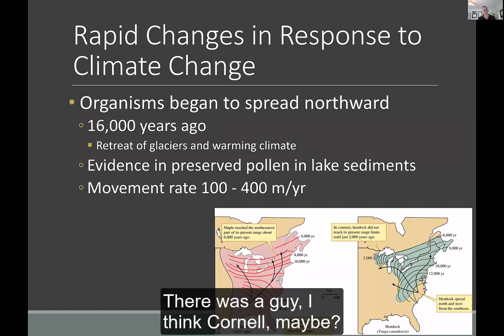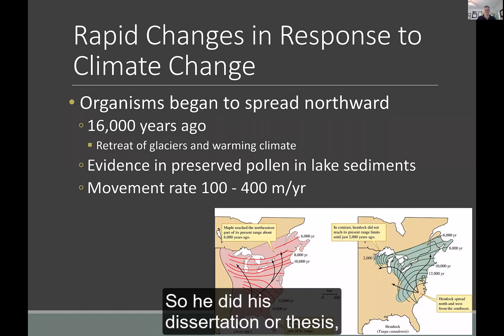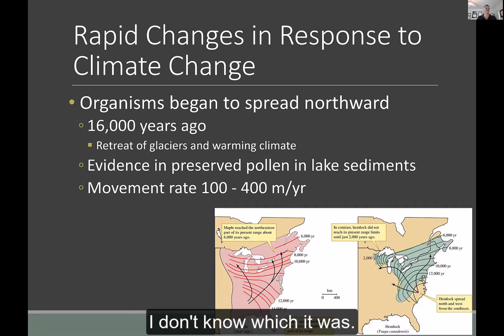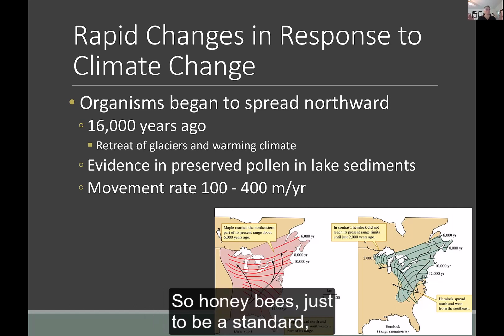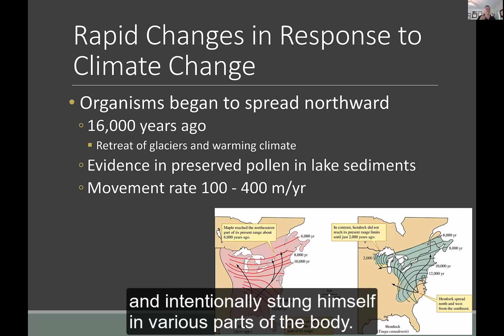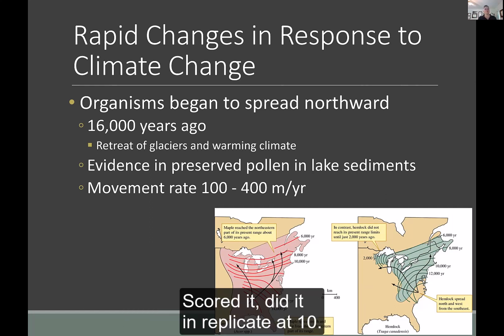Nope, there was a guy, I think at Cornell maybe. He did his dissertation thesis, I don't know which it was. He took honeybees, just to be a standard, and intentionally stung himself in various parts of the body, scored it, did it in replicates of 10.